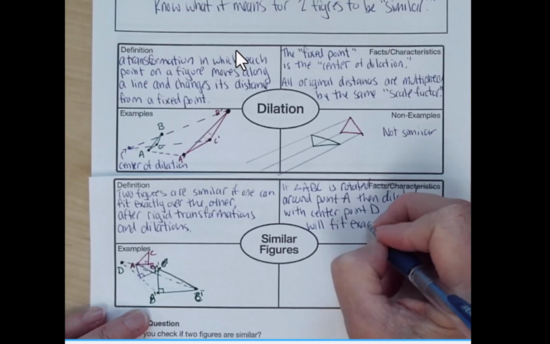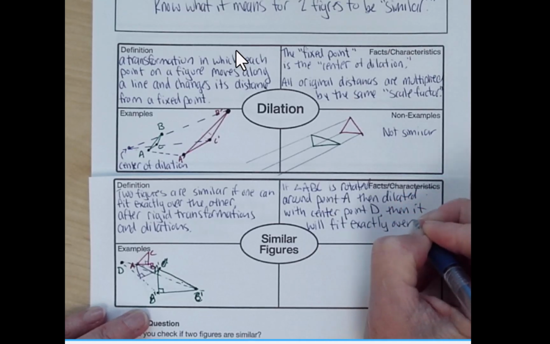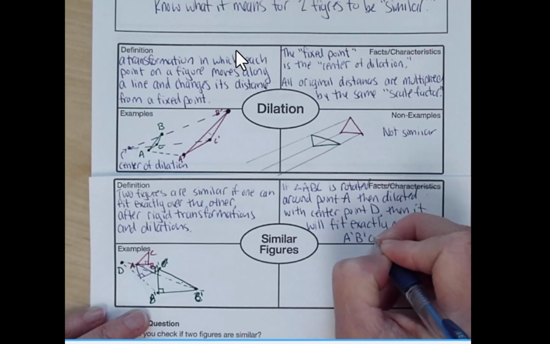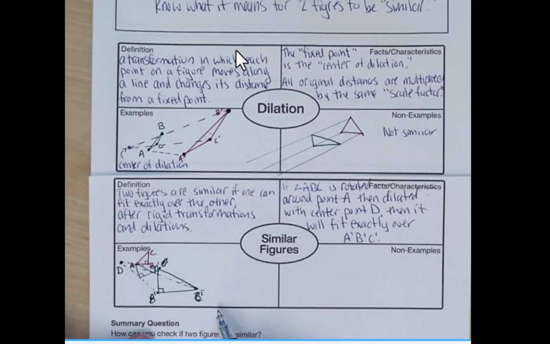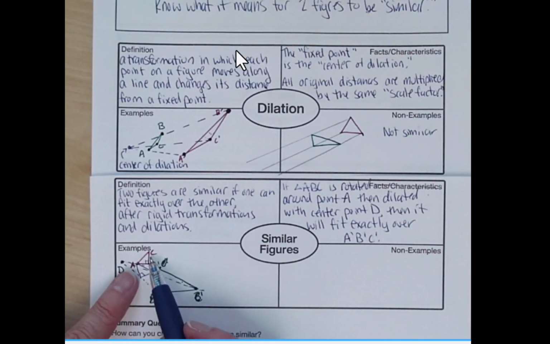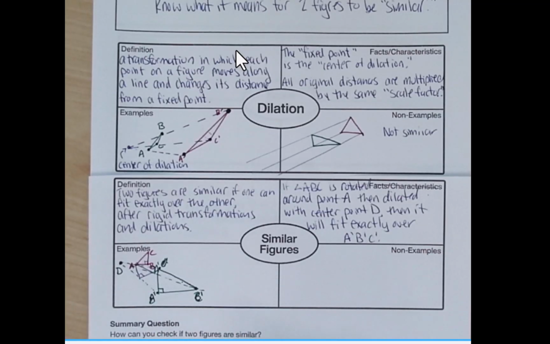And they're similar. A prime, B prime, C prime. After that dilation, the pink will fit perfectly over the green.